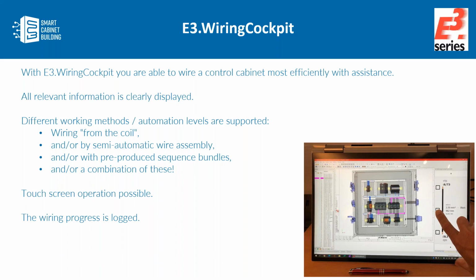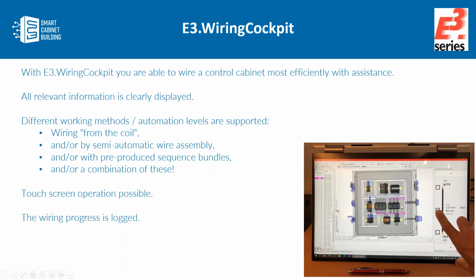Then you have to do them from the coil or something else. So it's always a mix, and with this tool a combination of this is perfectly supported. It's also a touch screen, so you don't need a mouse.